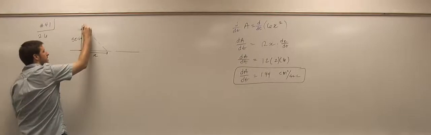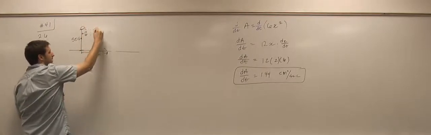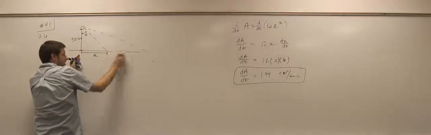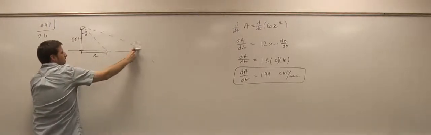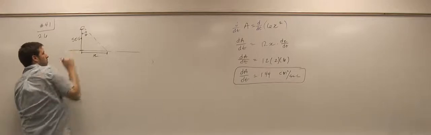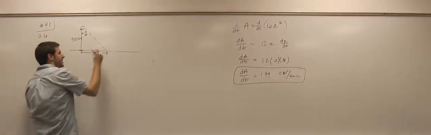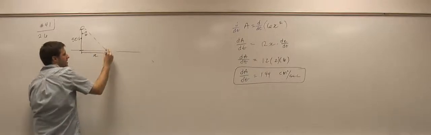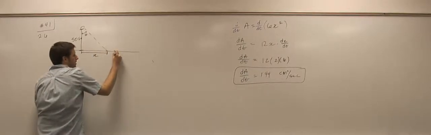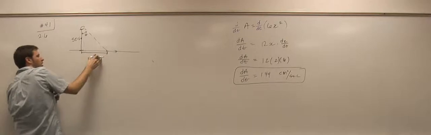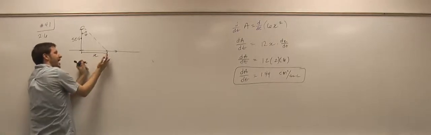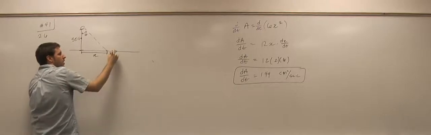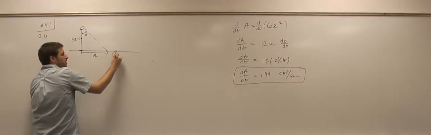As time goes on, this little light is going to spin, and the beam is going to hit the wall further down. So it's asking how fast this point is moving as the beam of light spins. Since we call this distance x, it's asking how fast is x changing, how fast is x growing? So I would label that dx dt.